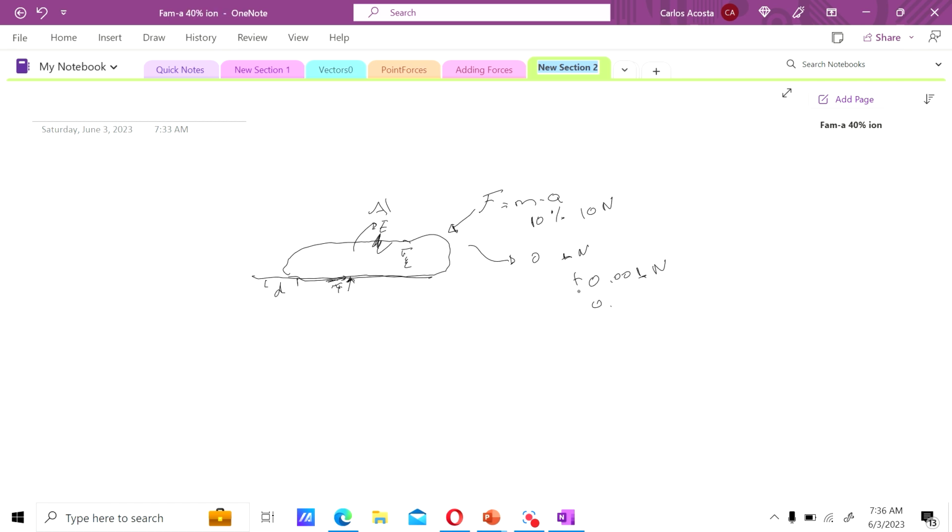So plus or minus 0.001 Newton, meaning that if the sensor gives you 150 newtons, then if you test again, the value will not be 160 or 140.